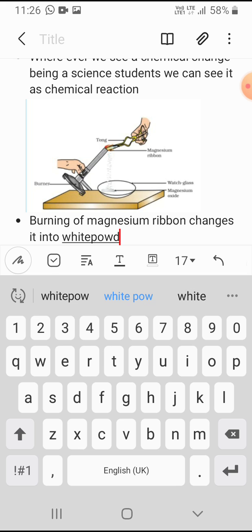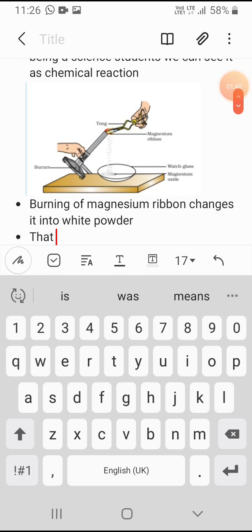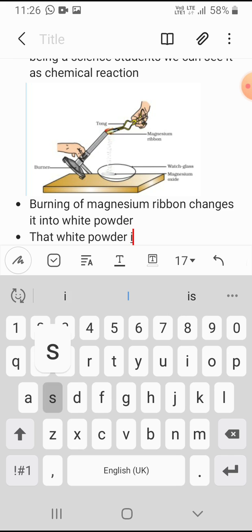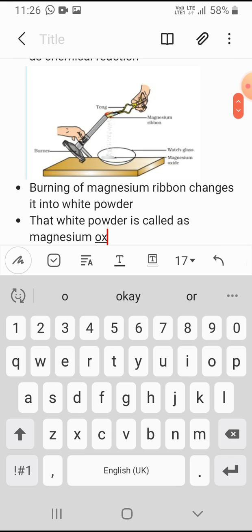That white powder is called magnesium oxide.